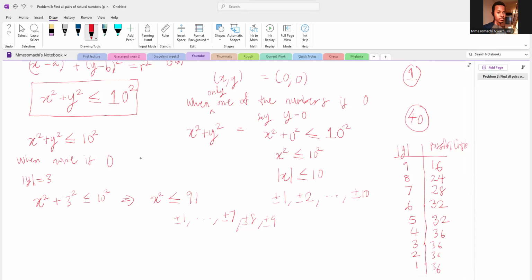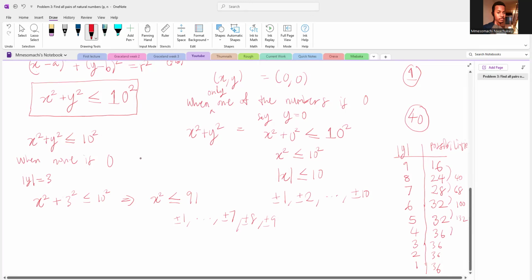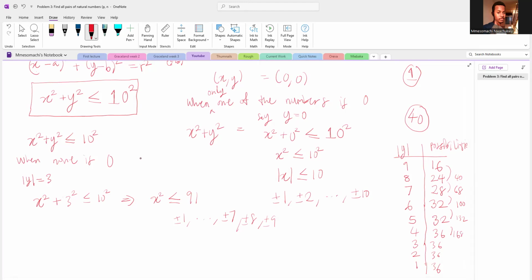Okay, so when we add this up, I have 16 plus 24, that's 40. Then plus 28, that is 68. And then plus 32, that is 100. And then plus 32 again, 132. Plus 36, that is 168.